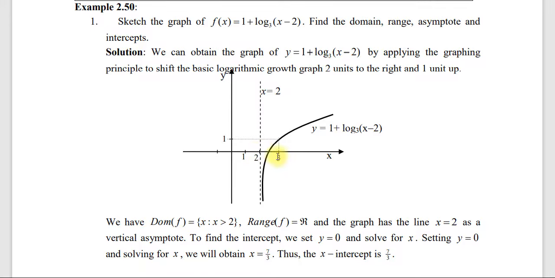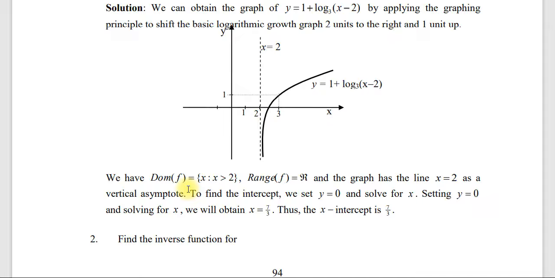Okay, so we have a domain of f of x that says x greater than 2, to the right. Range is all real numbers.